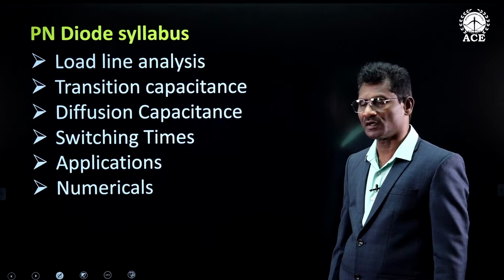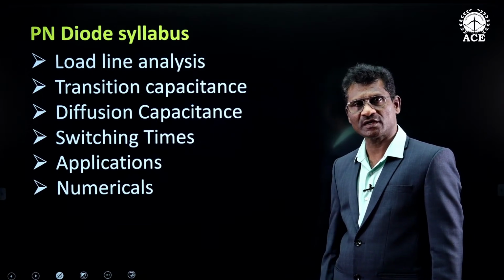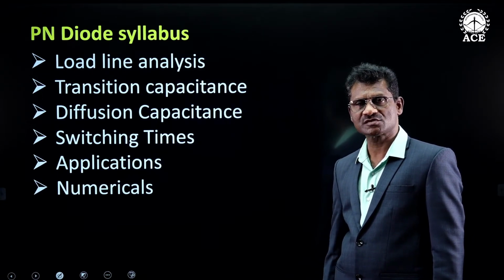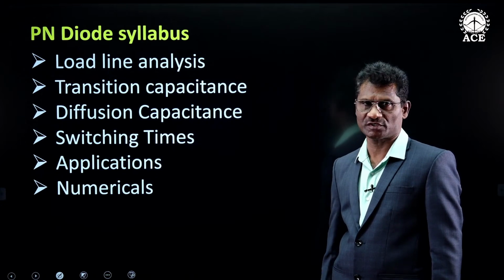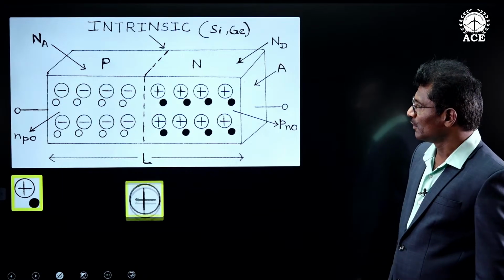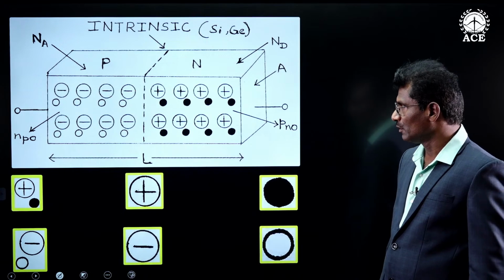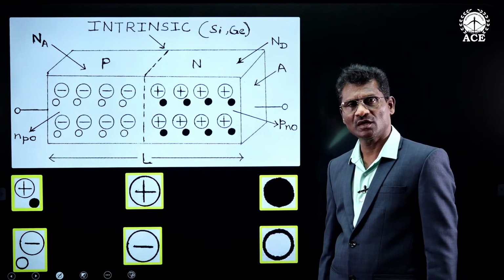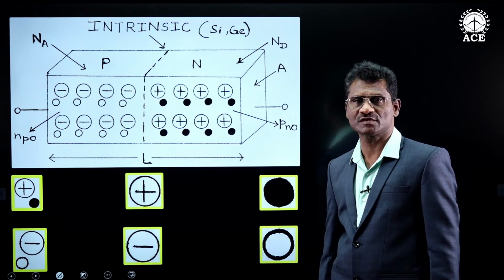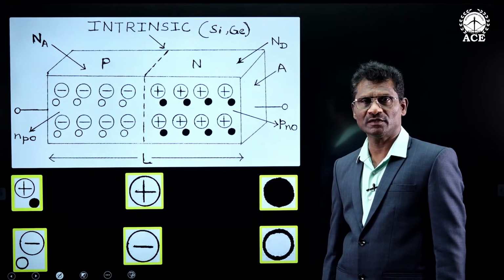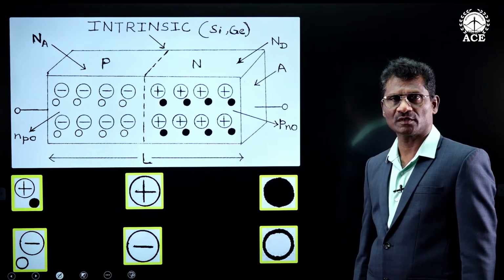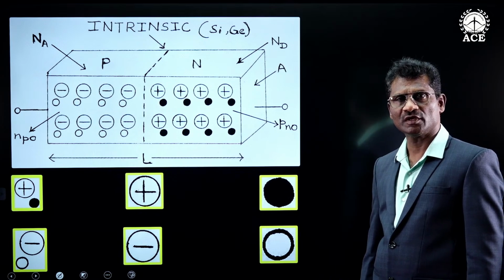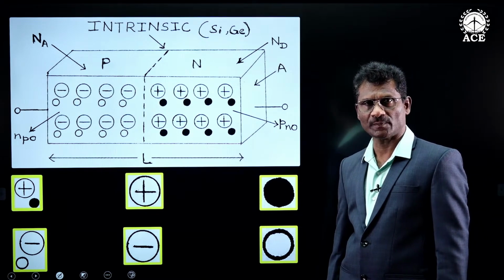These topics have been collected from different syllabi of different universities. First of all, I'll give you some basics of this PN diode and then move on to the first topic, that is derivation of equation for transition capacitance.